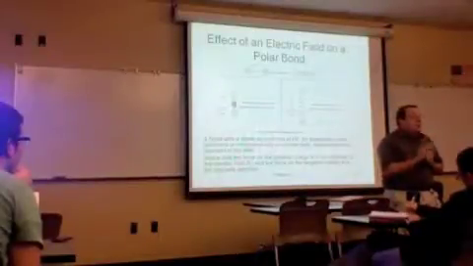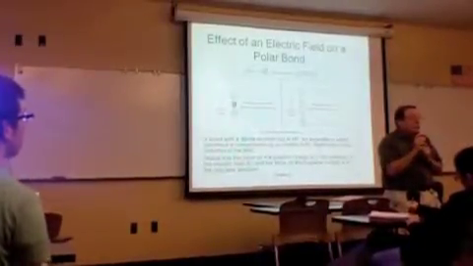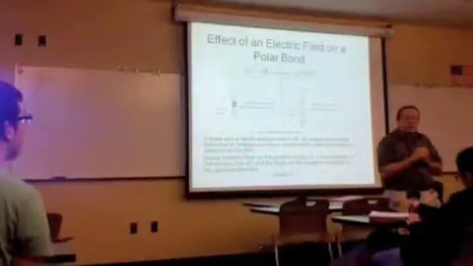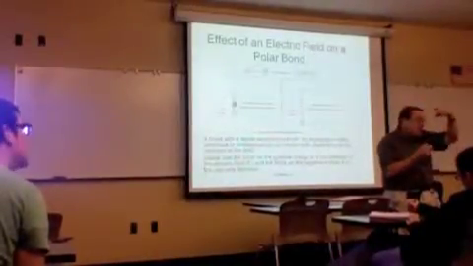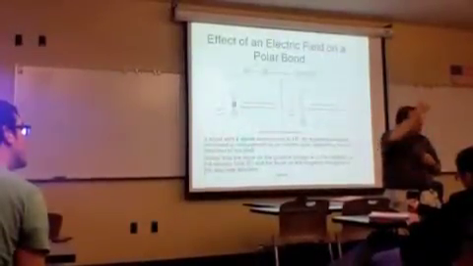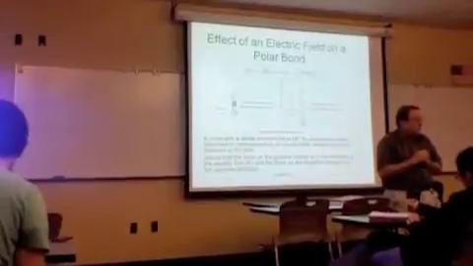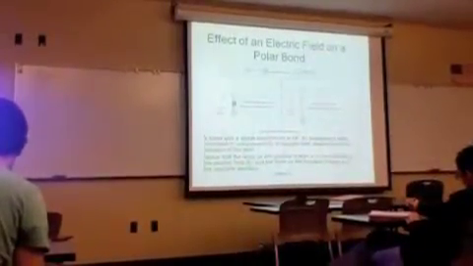You will cycle in sync with that light, or you'll start vibrating if the energy is just right and if there's enough polarity for you to do it. In other words, the bond itself has to have a positive pole and a negative pole in order to be excited by a cycling electrical field. You understand what I'm saying? And so there needs to be a little bit of polarity there.